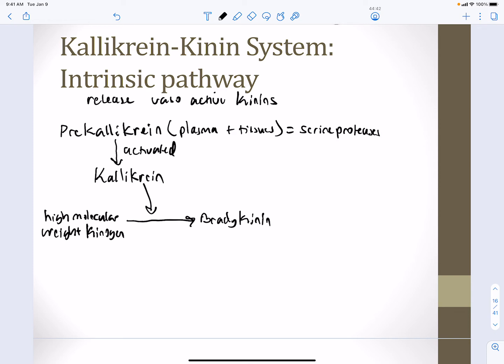And bradykinin is called the 9 amino acid vasoactive peptide. And tissue kallikrein also cleaves low molecular weight kininogen into lysyl bradykinin.